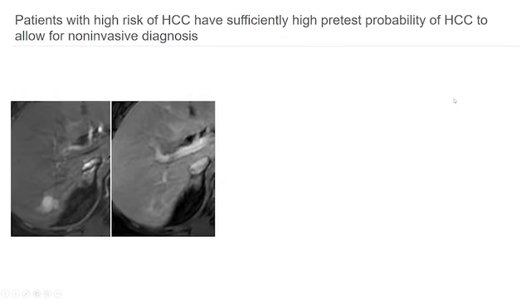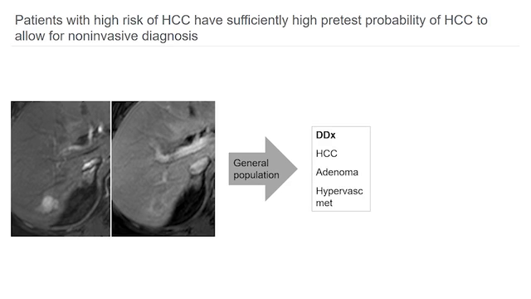Why is this a requirement? Well, if you look at this particular lesion, it has arterial phase hyperenhancement, a washout appearance and a capsule appearance. In the general population, there is a differential diagnosis for this lesion, which includes HCC, hepatocellular adenoma, and hypervascular metastases.